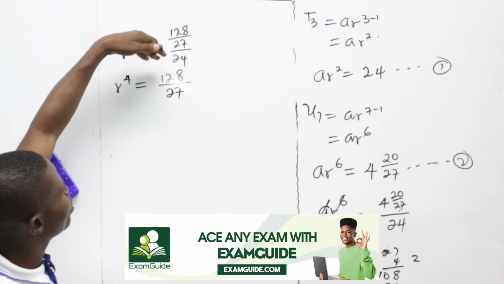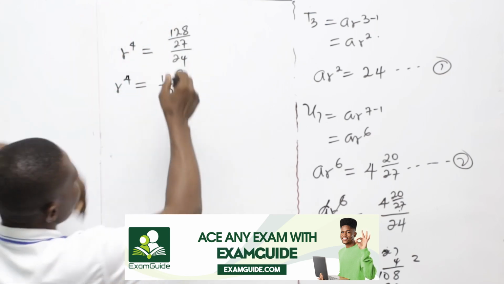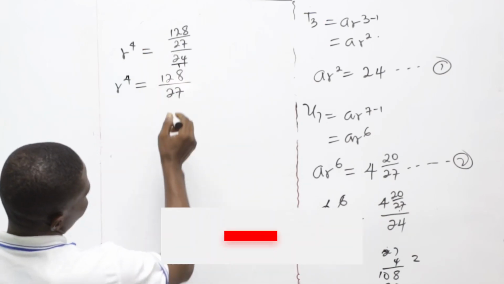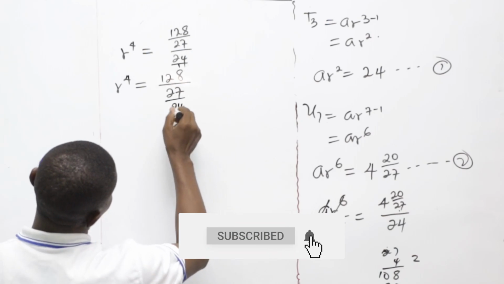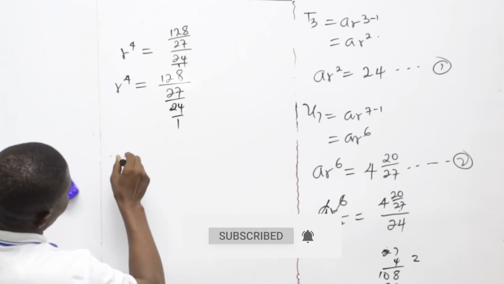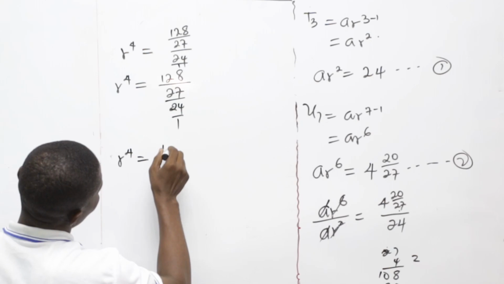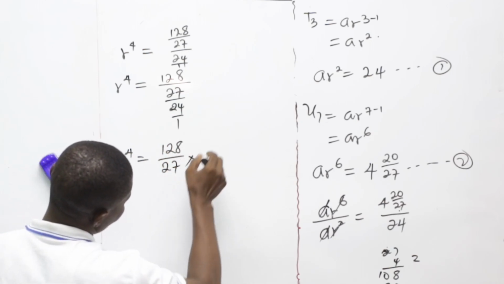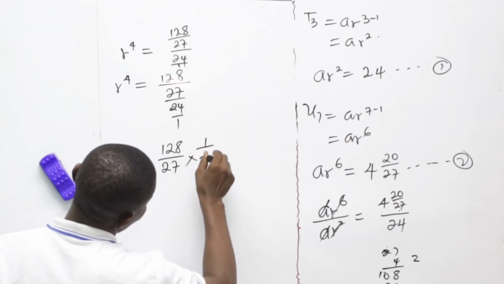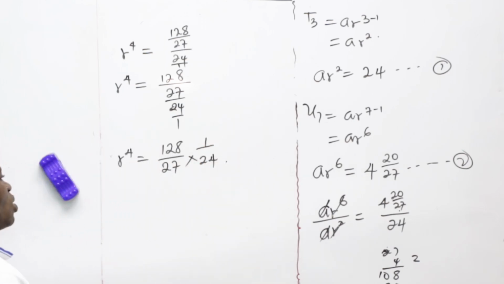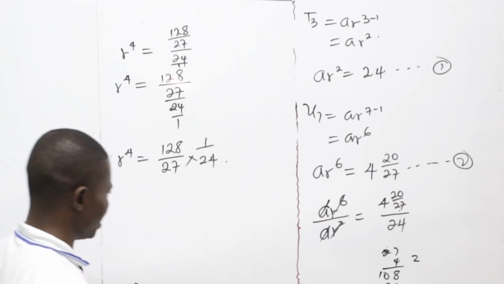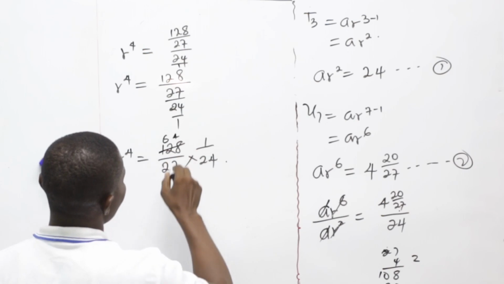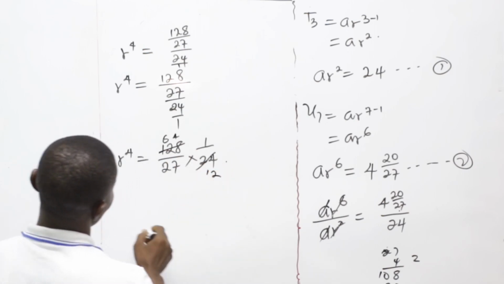Good. Now, I want to make it such that what we are having here can flow well. Look at the top, the original fraction. Look at the one down, just a whole number, meaning 24 over 1. So that R power 4 will give us 128 divided by 27 times 1 all over 24. Now let us break this down. 2 here, 64. 2 here, 12.